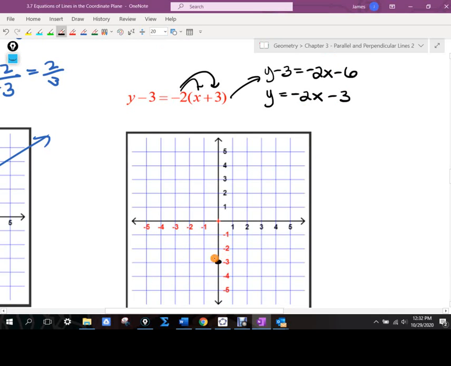Negative 3. And now your slope is down 2 and then right 1, correct? Or I could have gone up 2, left 1. And do a better job of connecting them than I do.